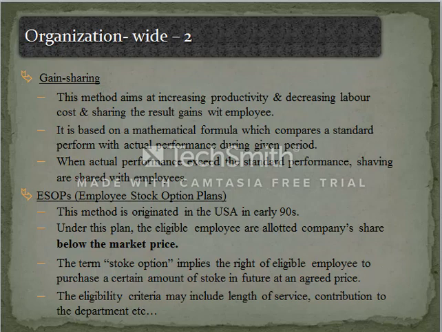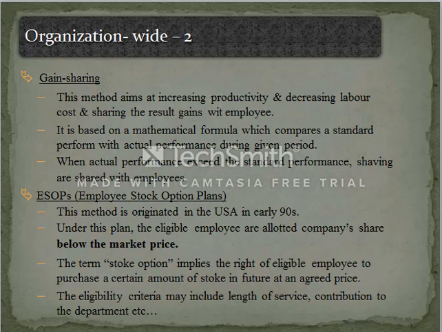Again, it is one of the important methods whereby the focus of every organization is to increase the productivity of the organization and decrease the labor cost, and whatever the result that comes out of these practices, the proportionate share will be distributed among the employees. It is based on a certain mathematical formula which compares a standard performance with actual performance during a given period.